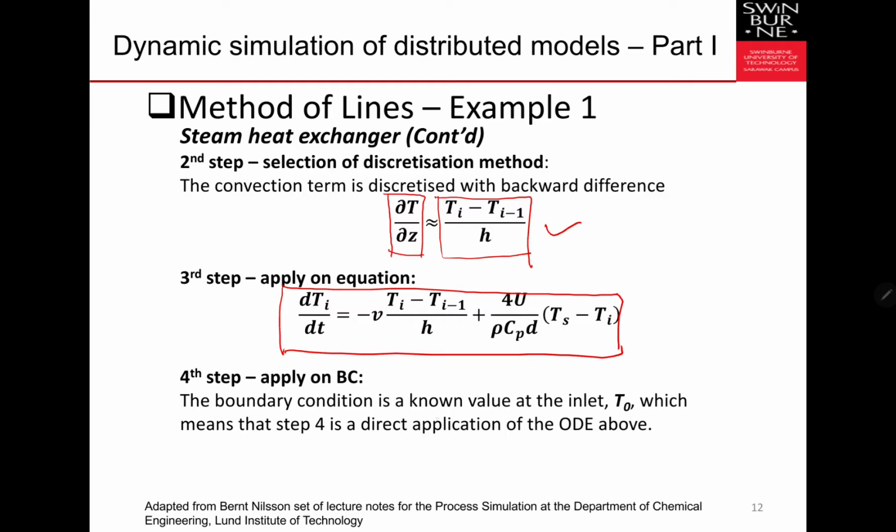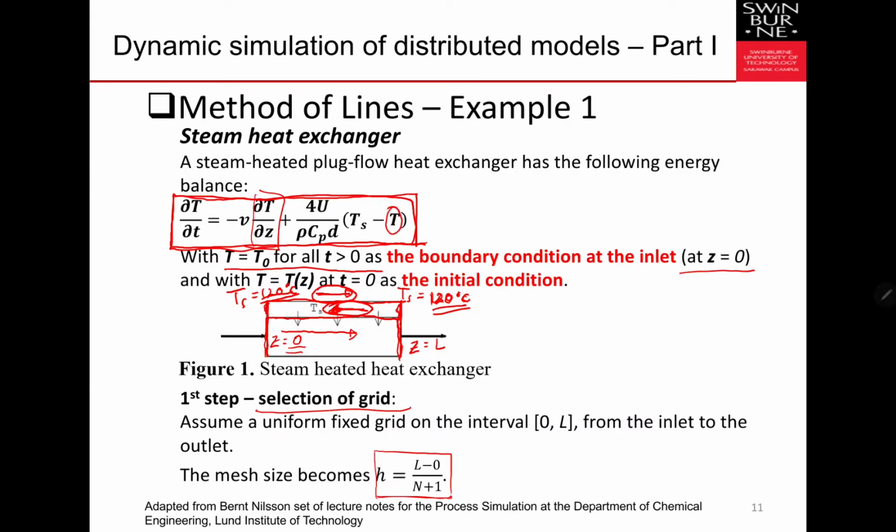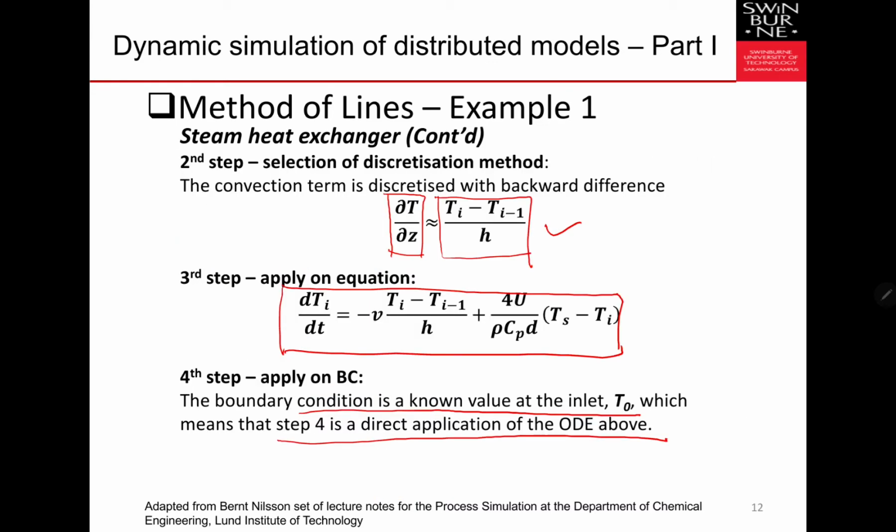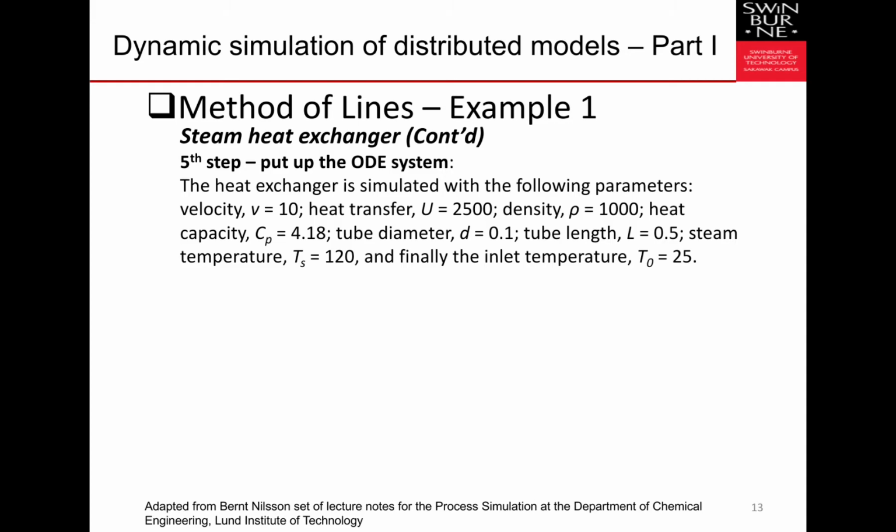The boundary condition is a known value at the inlet, so step 4 is a direct application of the ODE above. You note that the T here is also changed into T i. So it's really important that you inspect that particular mathematical expression.